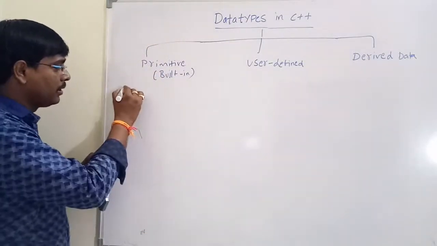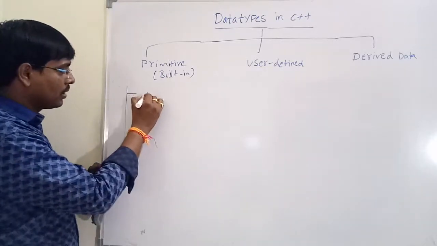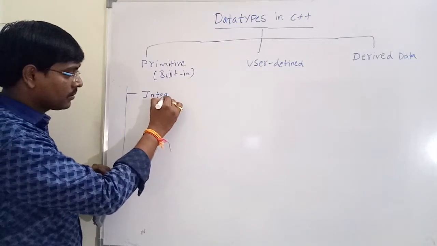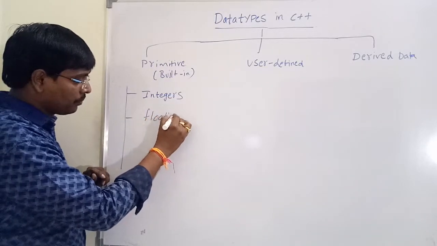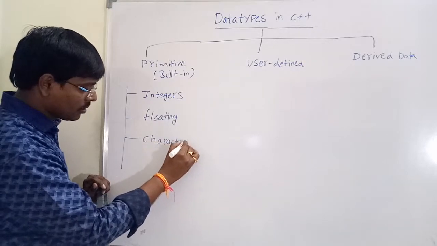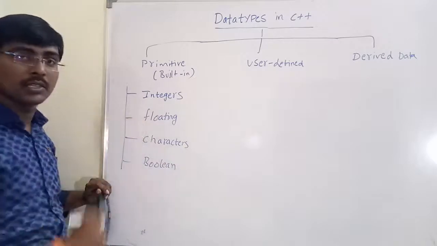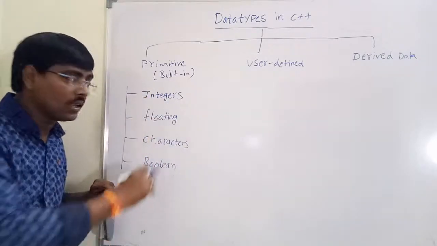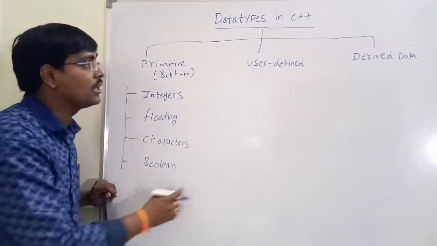Suppose under primitive data type we have integers, floating, characters, Boolean. We will discuss step by step later. First we develop the category. Under the basic data types: integers, floating, characters and Boolean.